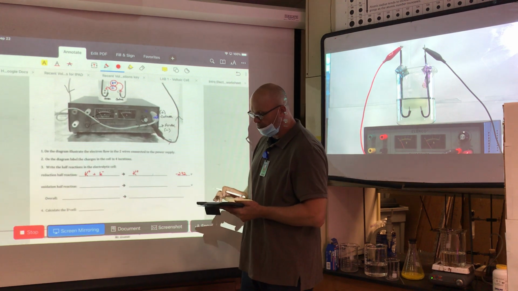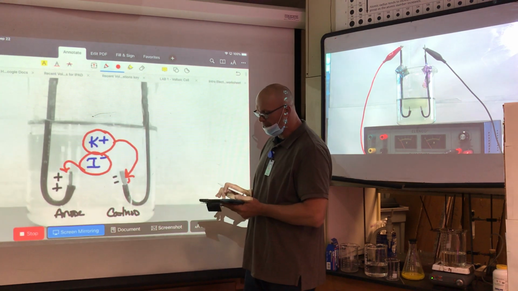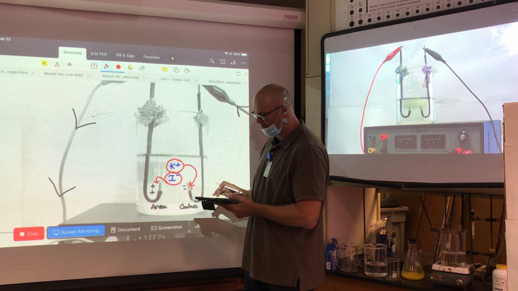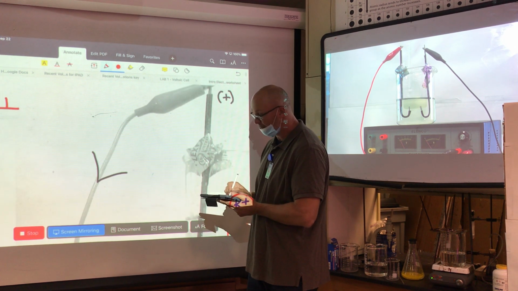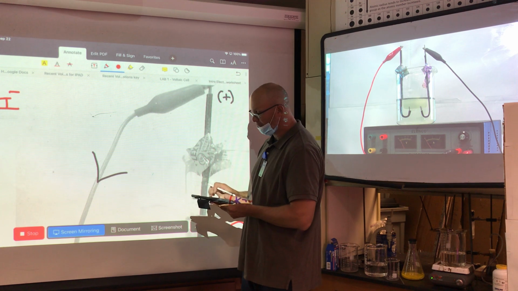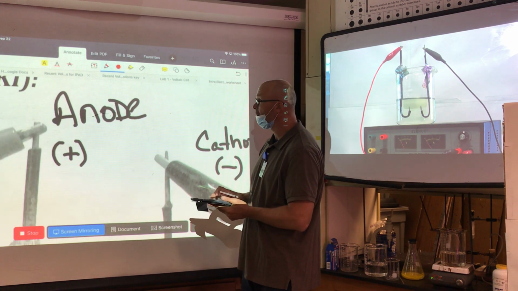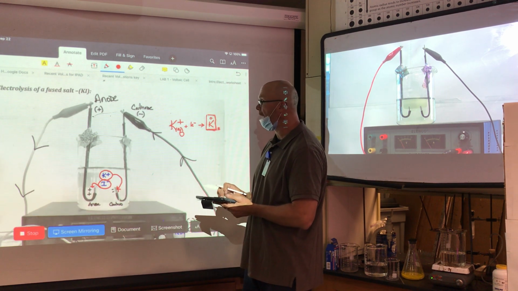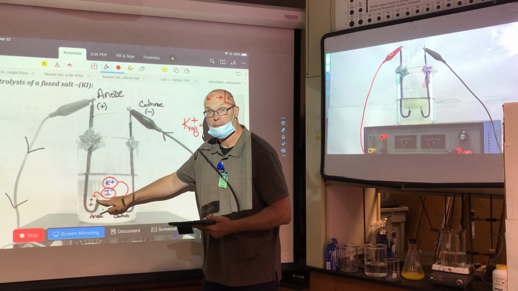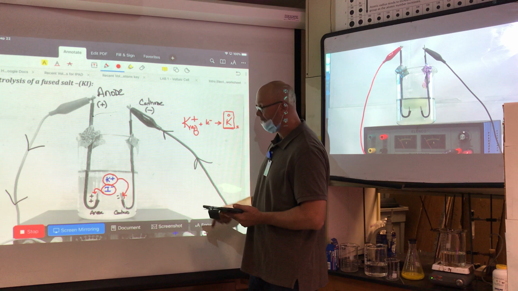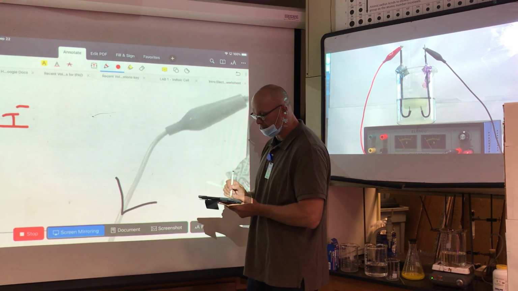Okay, good. Over here, what's happening here? Well, I negative, I'll write the half reaction to the left. I negative is occurring at the what? At the anode, an ox. I negative is attracted to the positive anode because electrons are being pulled away, and it's going to be forced to oxidize.